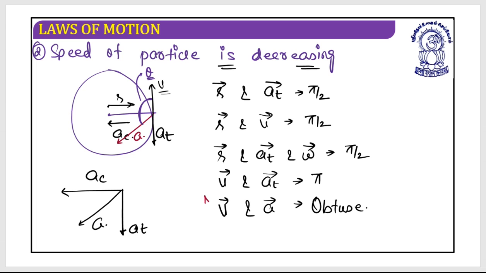This is very important. This has been asked. This is V and A. It is an obtuse angle. Yes, I hope this is clear. Is it clear? Now we know the angles between V and A and everything.